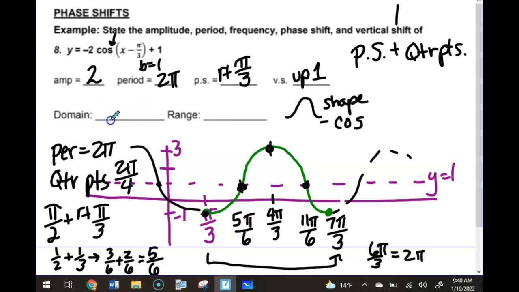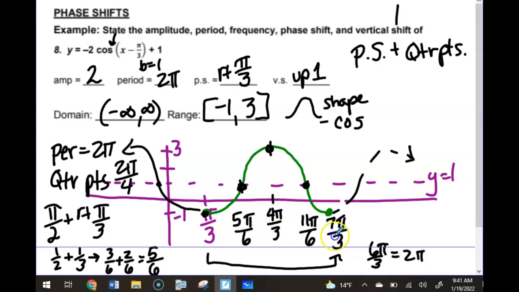Left to right, we don't hardly ever graph it this way, but the domain is actually negative infinity to infinity. Everybody okay that it would continue left to right? We just don't ever graph it that way because we don't want to keep doing points forever. Okay, the range is bottom to top, and it should have square brackets, -1 to 3. Everybody okay?